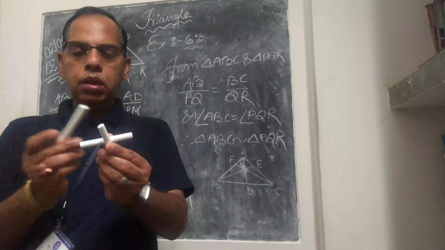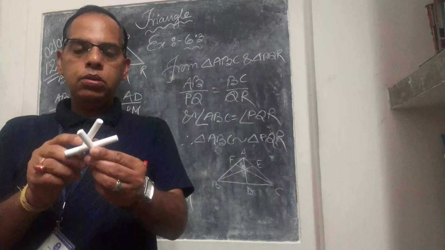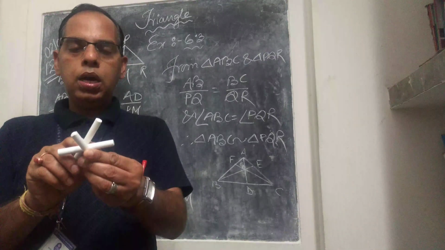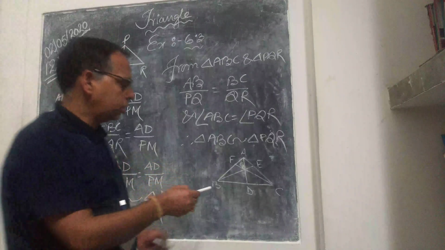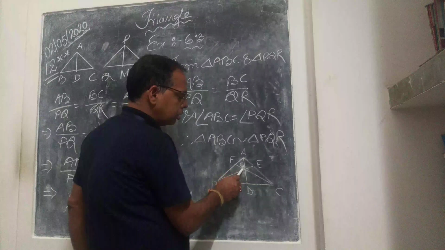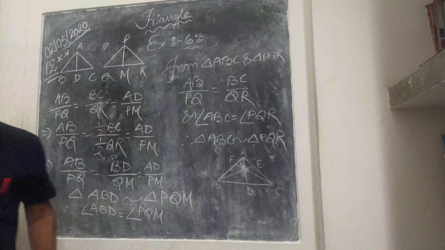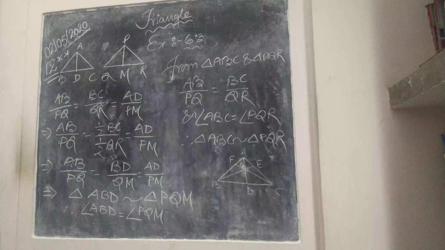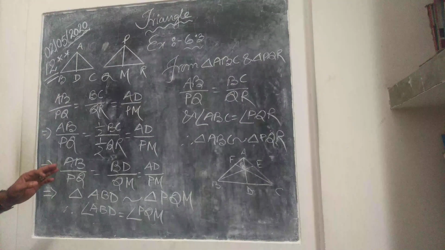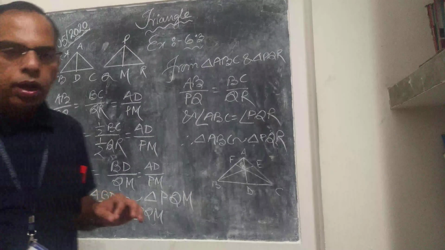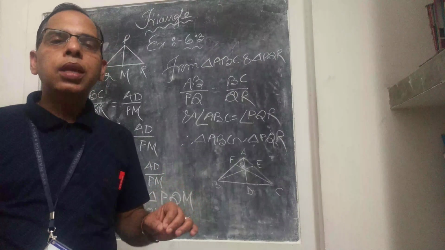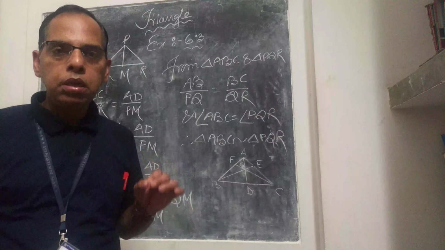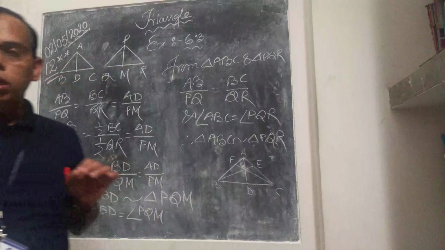You can see all these three are at the same point, and this is known as the centroid of the triangle. Now remember one more thing: for an equilateral triangle, median and altitude are the same. For equilateral triangle only, not for other triangles.